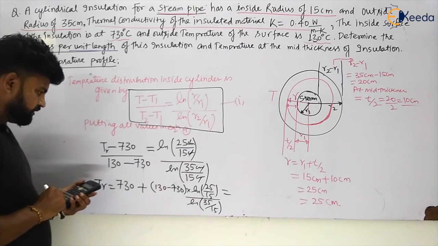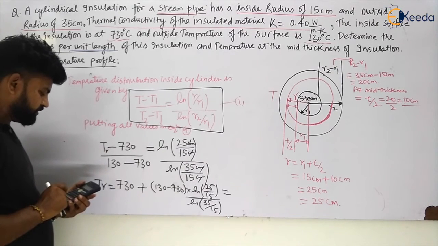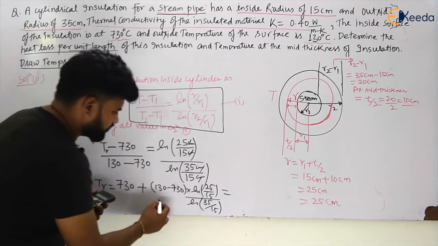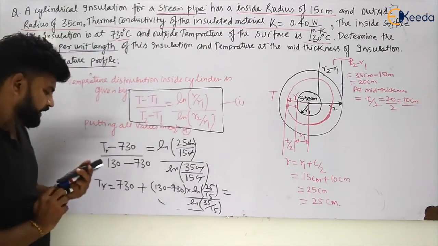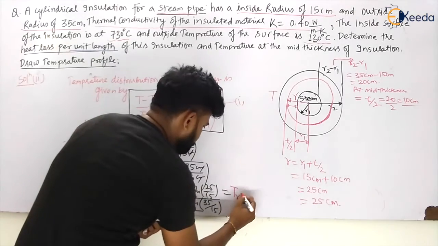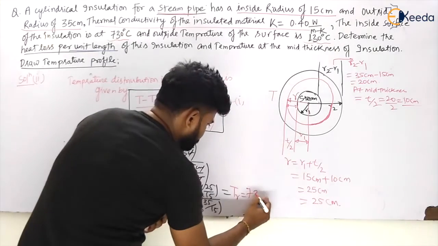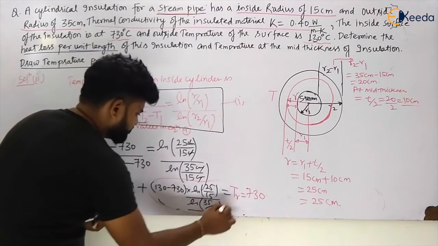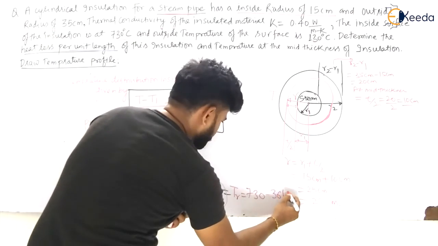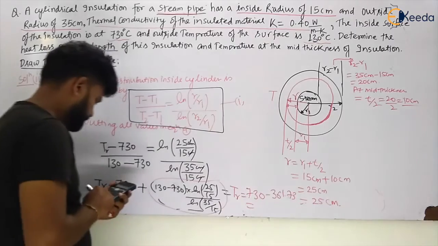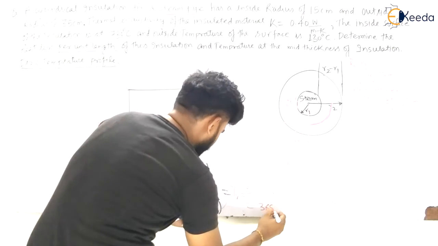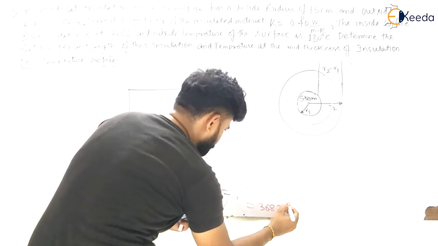130 minus 730 multiplied by this gives minus 361.73. Let us see, my dear students. T at R is equal to 730 plus this value, so minus 361.73 plus 730 is equal to 368.26 degrees Celsius.